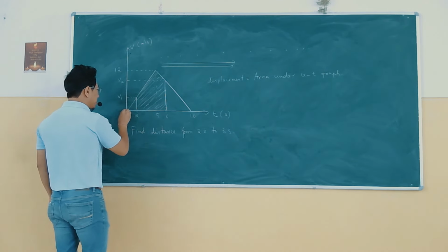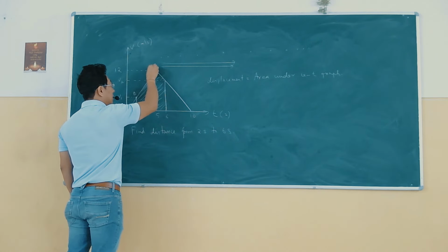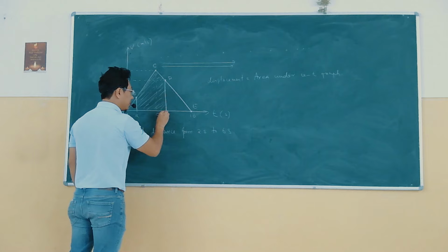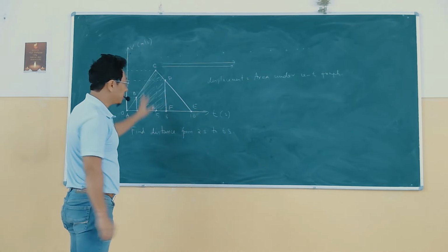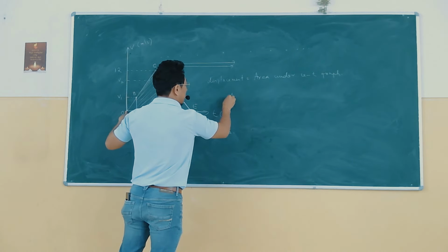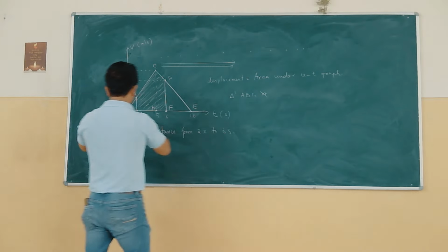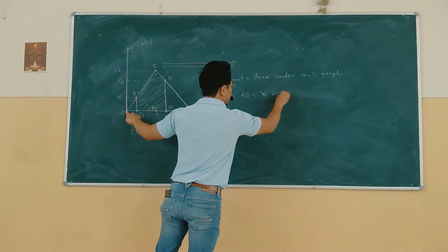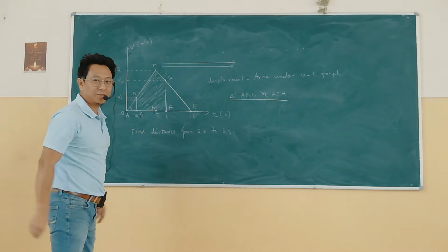So let us call these points A, B, C, D, E, F, G. Now from this diagram you can see triangle ABG and triangle ACH. Both of them share the same angle, they are similar triangles.